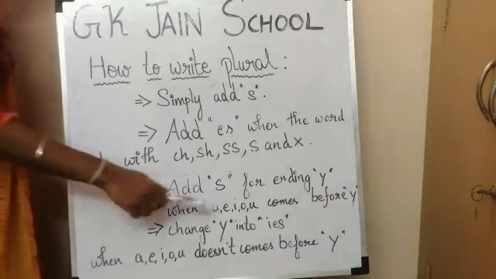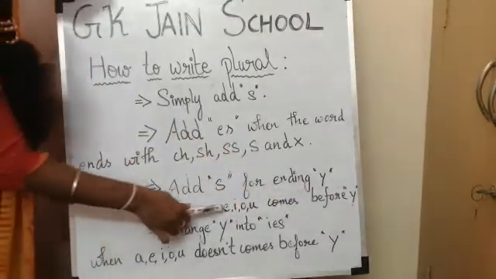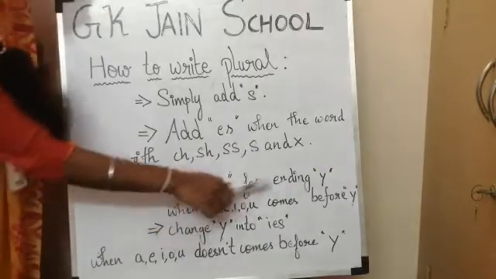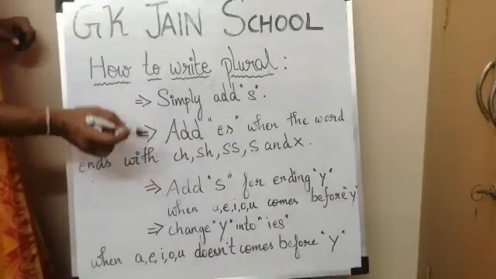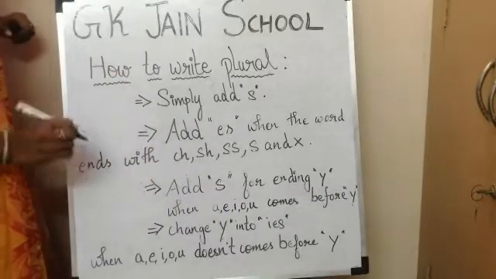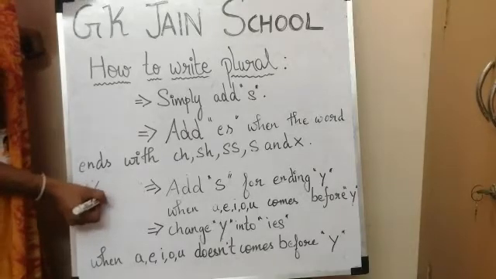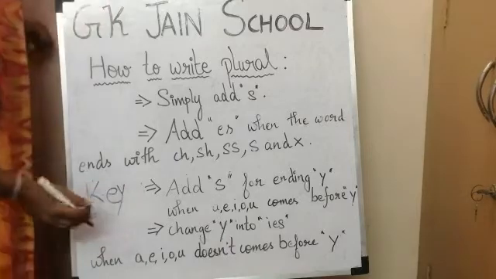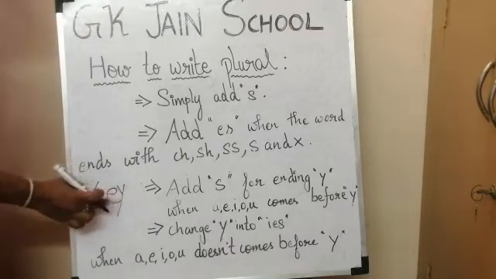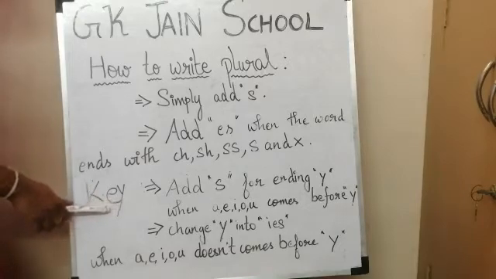Next, add s to words ending in y when a vowel, that is a-e-i-o-u, comes before y. For example, key. The word key ends with y, and before y there is a vowel.